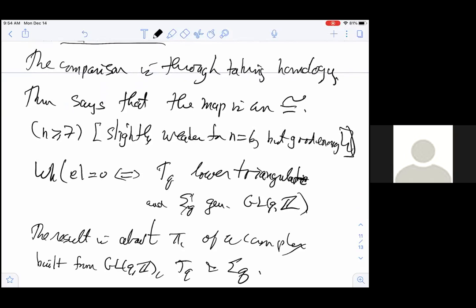And I'll talk about that complex on Wednesday, and I'll talk about the map, and then I'll just state the fact that it's an isomorphism, or give you the slightly weaker statement in the case n equals 6. And I won't try to prove that. I'll be out of time.